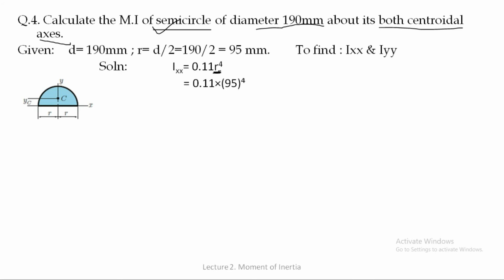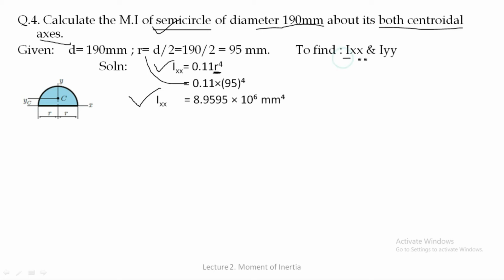Putting the value of radius in that formula, we find Ixx equal to 8.9595 into 10 raised to 6 mm raised to 4. Using the formula directly, taking the value of radius from here, we get the moment of inertia about the horizontal centroidal axis. Now the work is just half done.